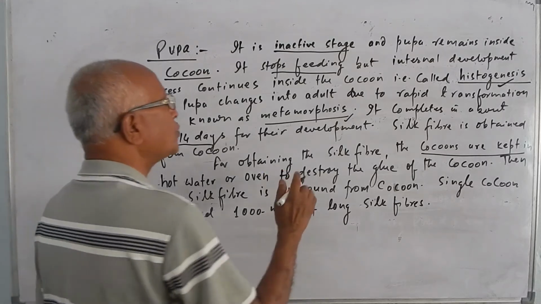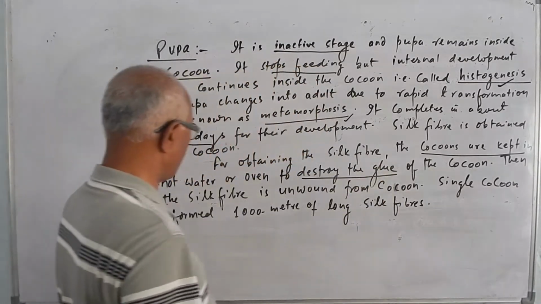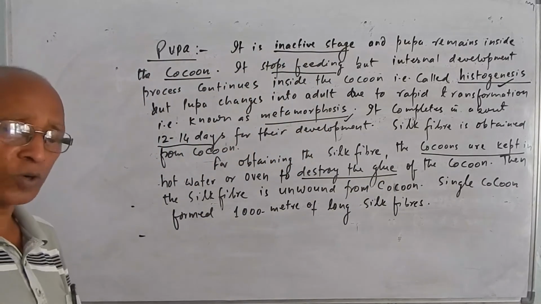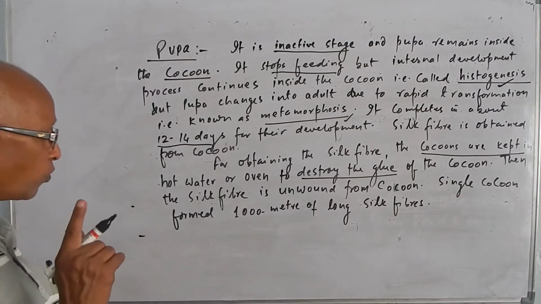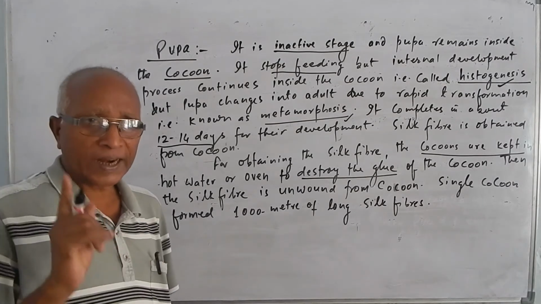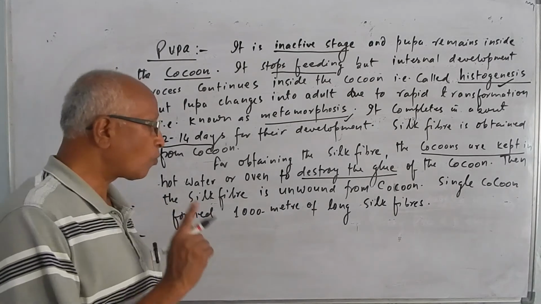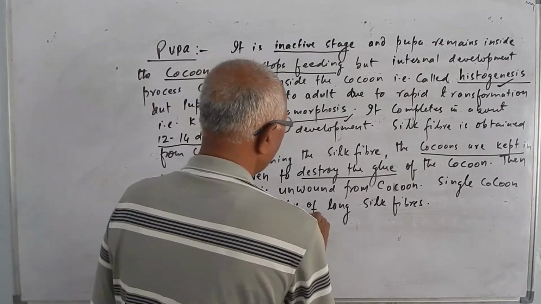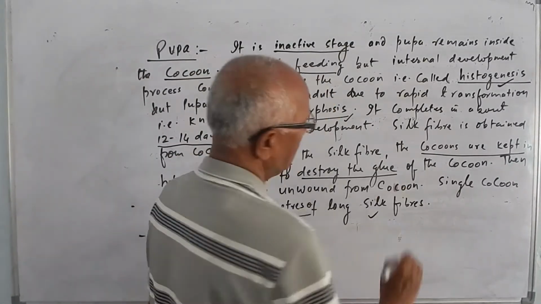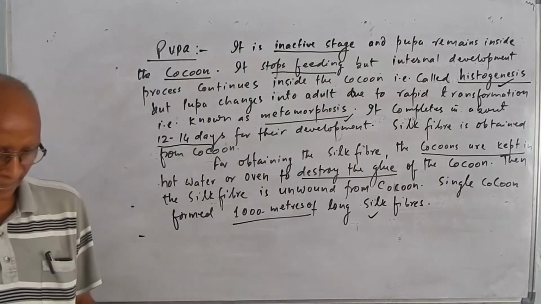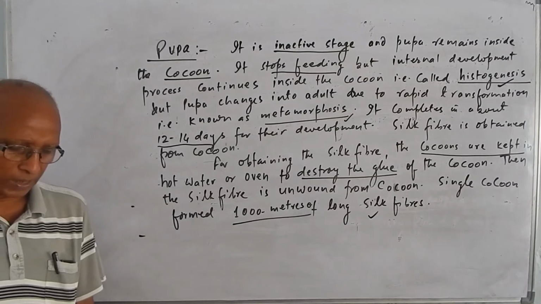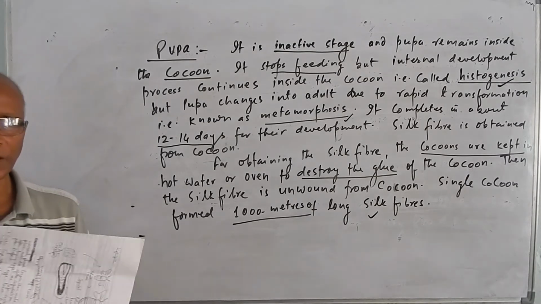Then silk fiber is unwound from the cocoon. So single cocoon produce the 1000 meters of long silk fibers. So it is the stage of the complete of the pupa.